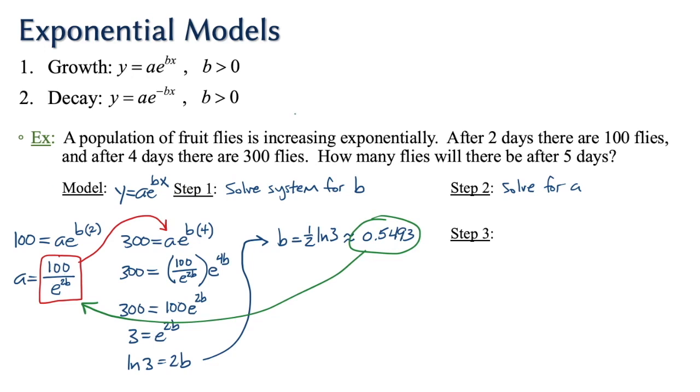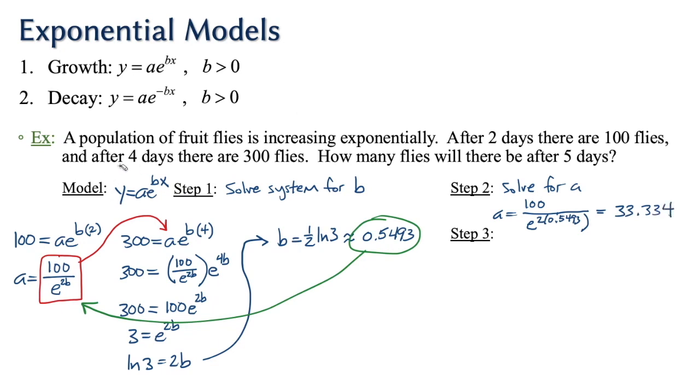So to find a, I'm just going to take 100 and divide it by e raised to the 2b. So that's 2 times 0.5493. There we go. And if we punch that up and get a decimal, it's about 33.334.